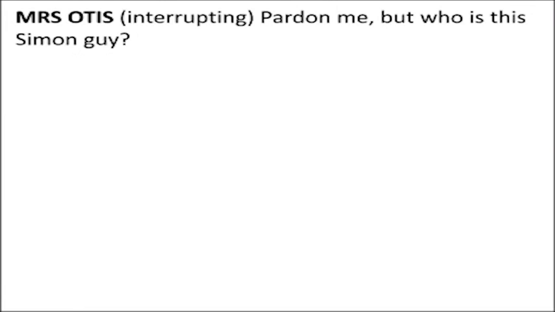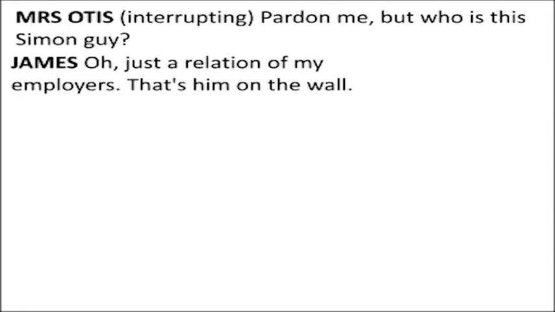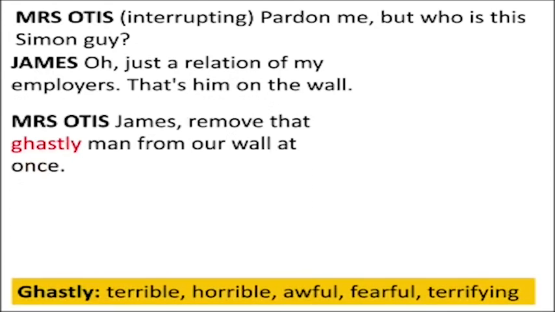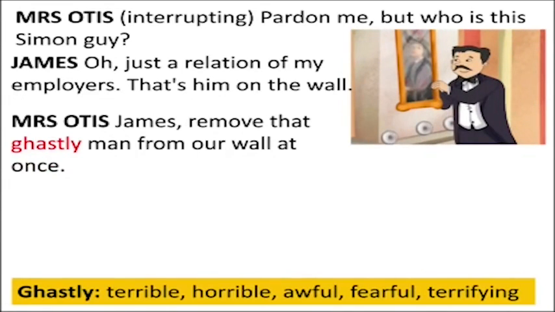Mrs. Otis interrupts, she says, "Pardon me, but who is this Simon guy?" James says, "Oh, just a relation of my employer's. That's him on the wall." So here on the wall we can see the portrait of that person hanging. Mrs. Otis says, "James, remove that ghastly man from our wall at once."